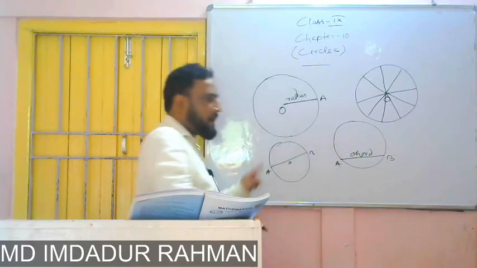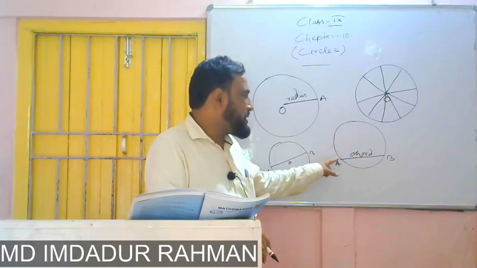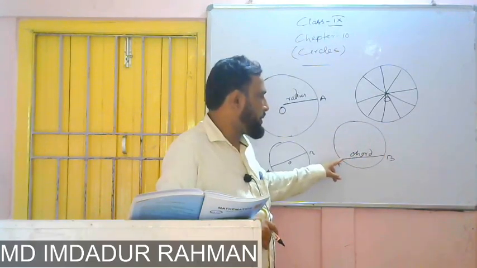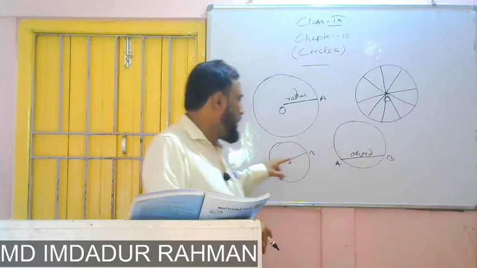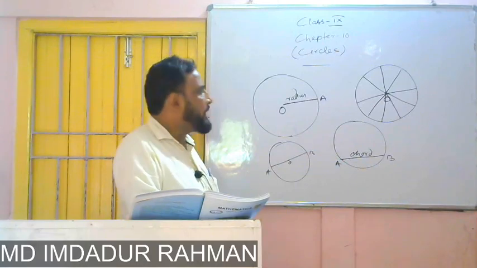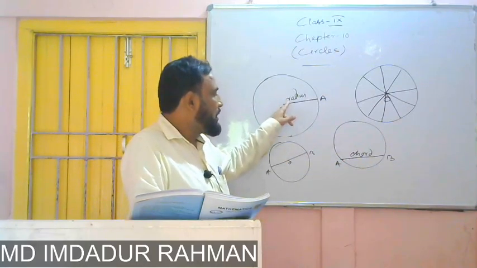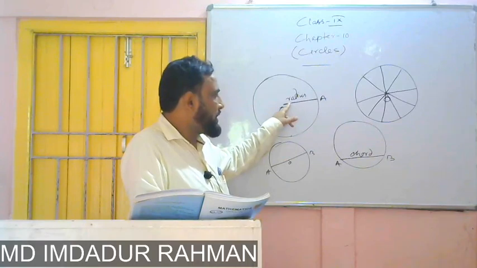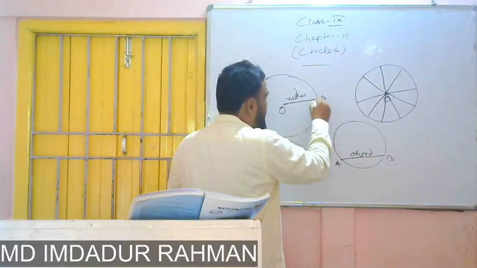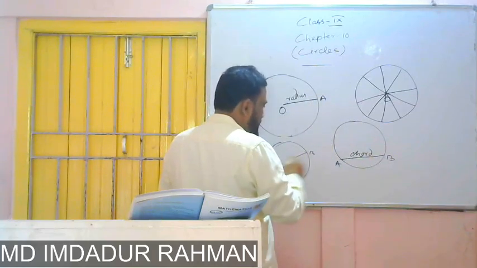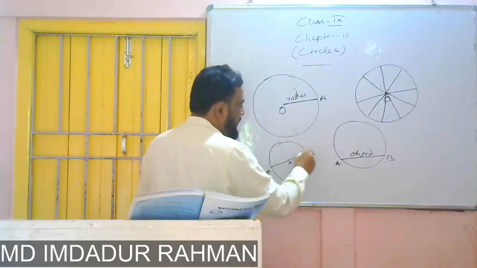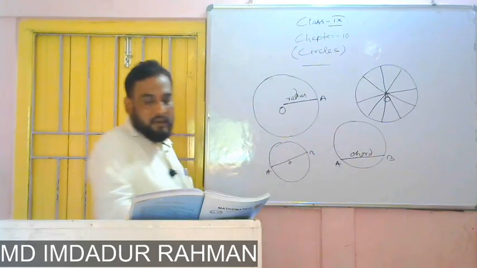You see, earlier I said a chord is a line segment joining any 2 points of the circle, and when a chord passes through the center of the circle it is called diameter of the circle, and diameter is twice the radius. Okay.